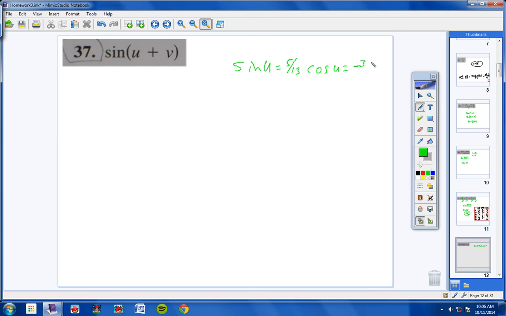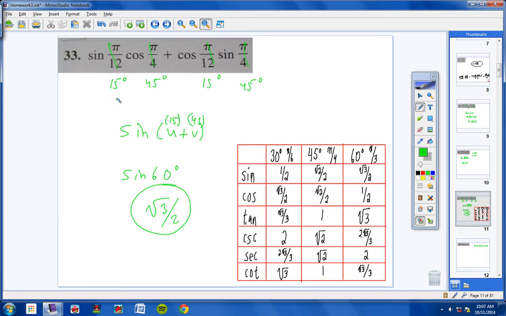On a test or a quiz, I would expect you to see that right away, because the sine of u is positive and the cosine of u is negative. Anytime you have a sine giving you a positive and cosine giving you a negative, that's got to be second quadrant. Keep that in mind. Sine of u plus v would be sine cosine plus cosine sine.